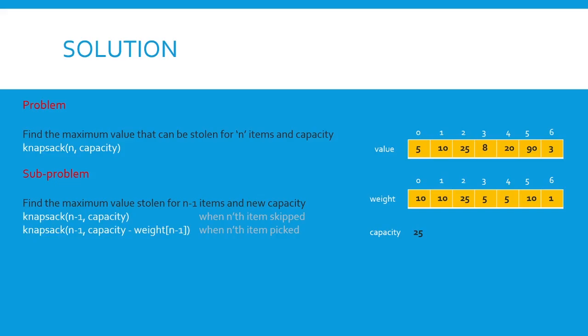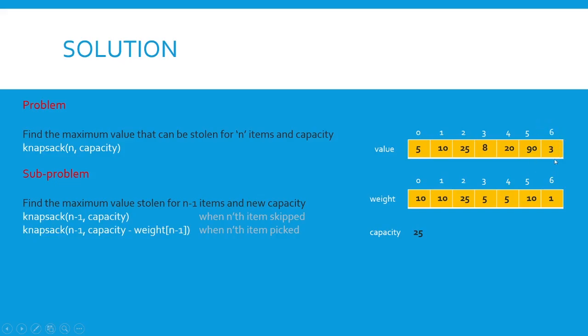Now the subproblem we design in such a way that we can form the problem from the subproblems using a recursive relation. Just think about it. Let's say in this case n is 7, so this is 0-based indexing, which is why it ranges from 0 through 6.